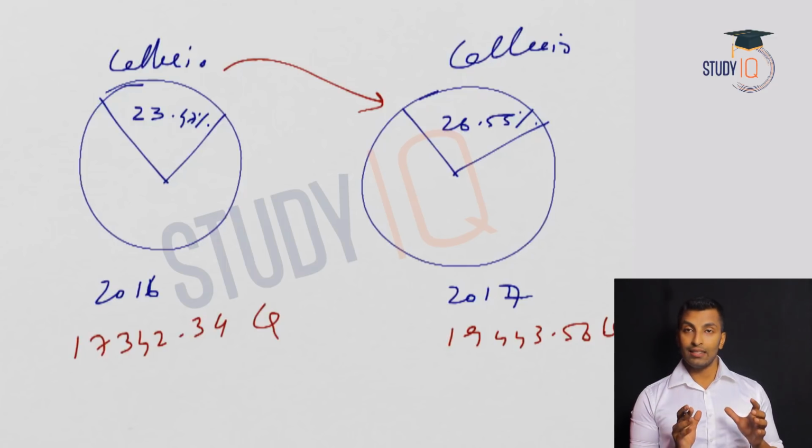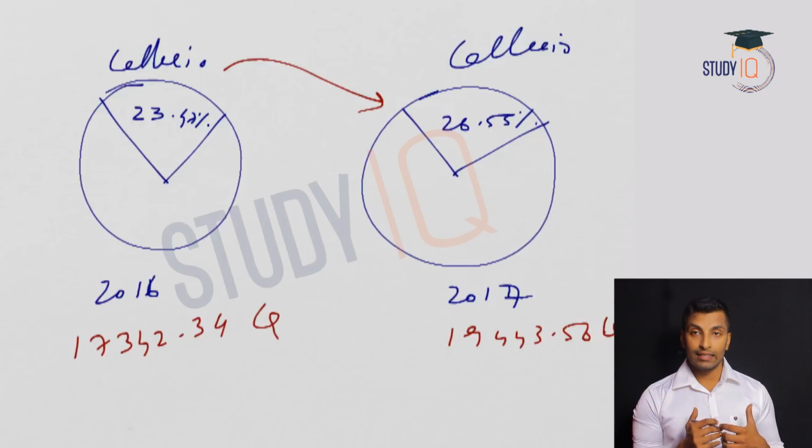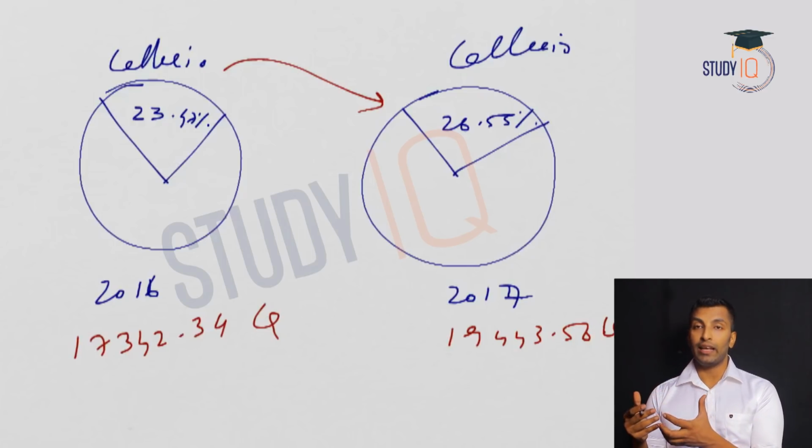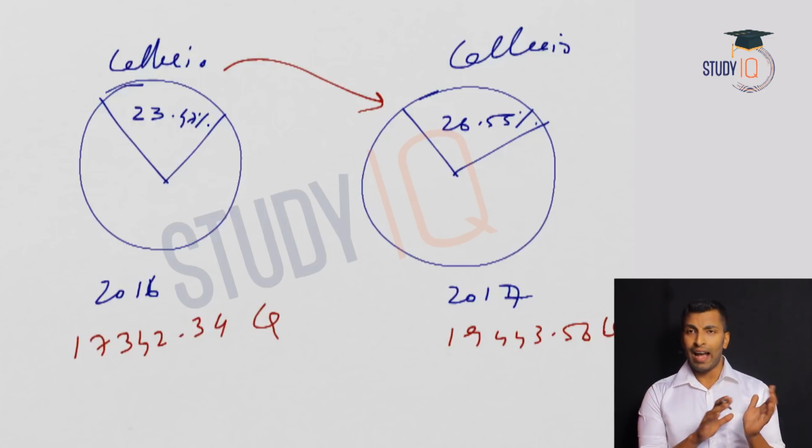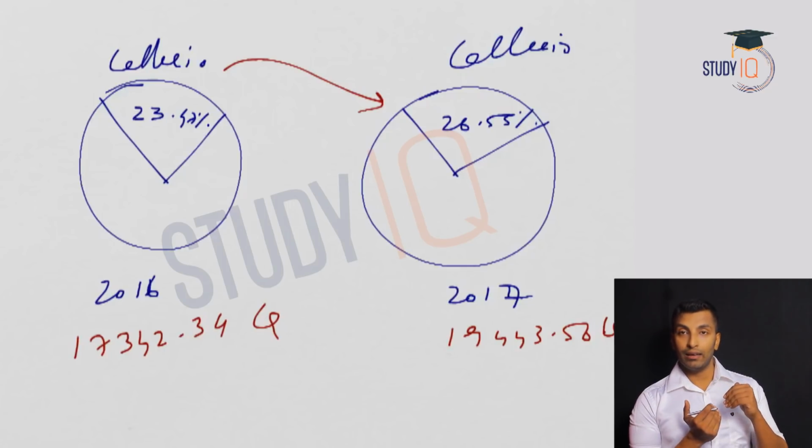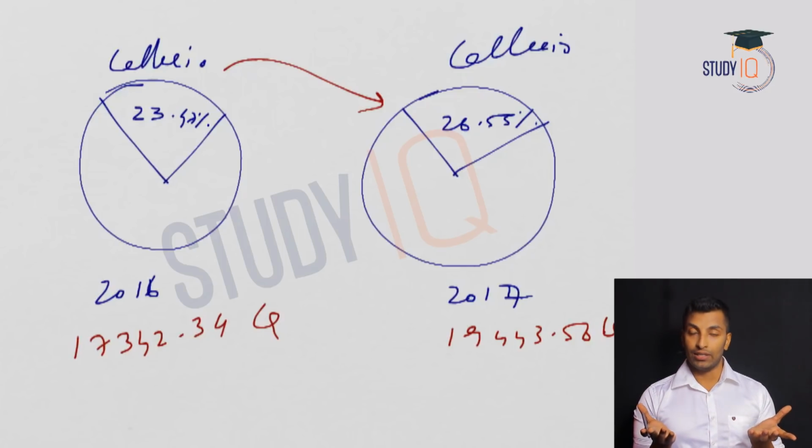So what is the change from 2016 to 2017? What we need to find is the revenue from Celerio in 2016, the revenue from Celerio in 2017, the absolute change in that, and divide by the 2016 revenue, and then you'll get the percentage, right?